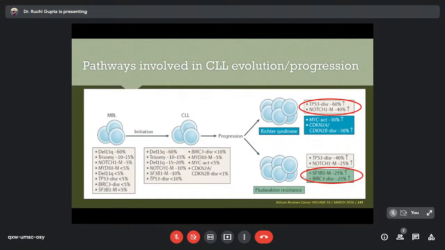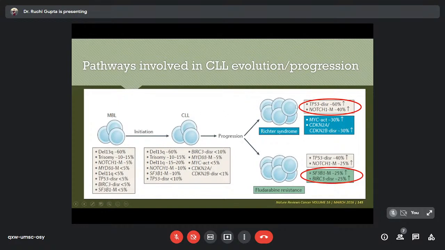And if we see, these are the different pathways which are involved in CLL evolution and progression. If you look at MBL, that is monoclonal B cell lymphocytosis, the abnormalities have been clubbed in one single column, whereas if you move on to CLL, it has become double column and so on. Just joking. The point is that from MBL to CLL, the degree of abnormalities is increasing.